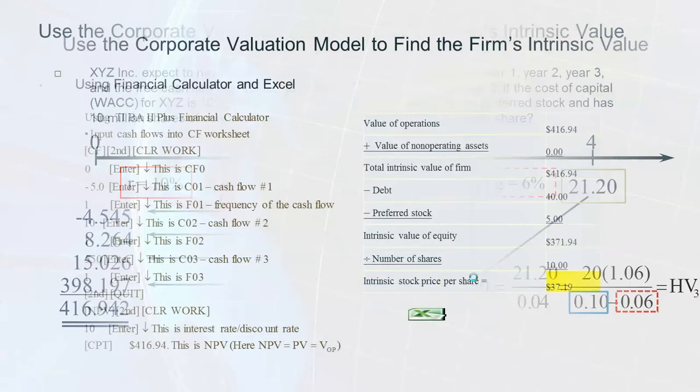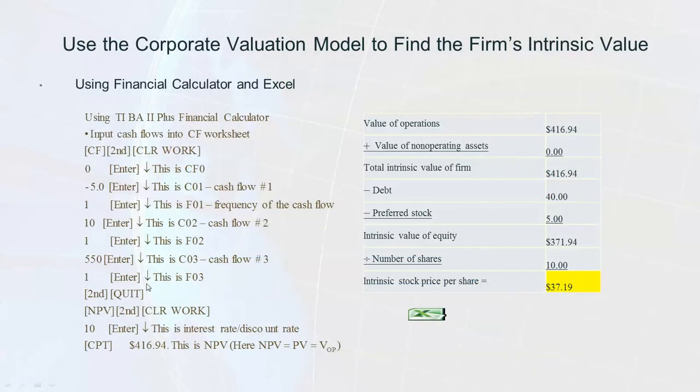Putting it together, once you put everything in your financial calculator, go to NPV, put in the 10% discount rate, and compute NPV. It's going to give you 416.94 million. That's the net present value, which equals the value of operations.